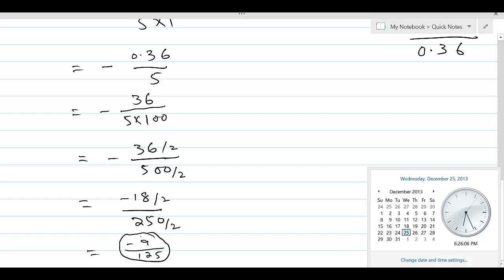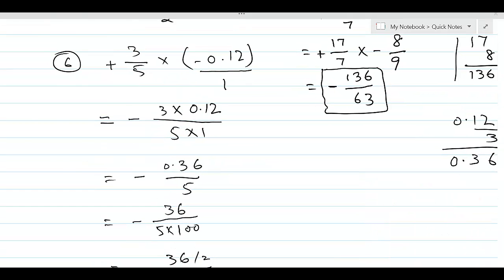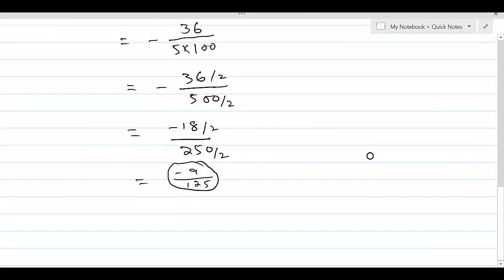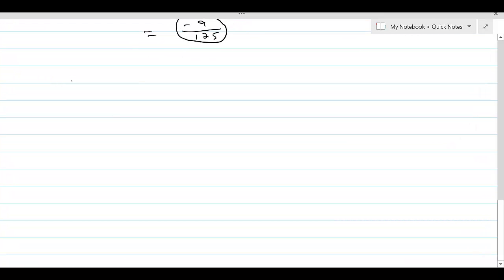For question number 7 now, let's take a look, create a space here for question number 7. What is minus 2.14 times minus 3.19?